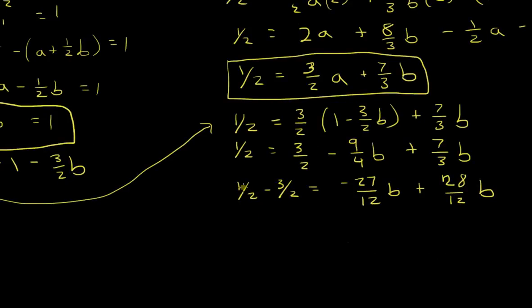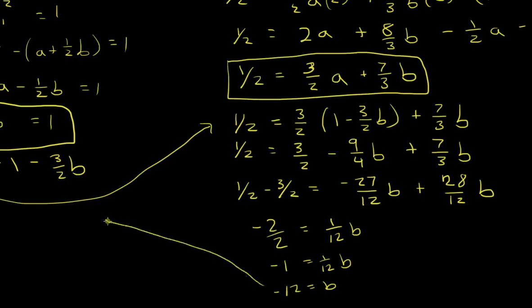Okay, so on this side you have 1 minus 3, so that's negative 2 over 2. So that's minus 1 basically. And then we have minus 27 plus 28, so that's just 1 12th b. Okay, so negative 1 equals 1 12th b. So multiply both sides by 12, get negative 12 equals b.